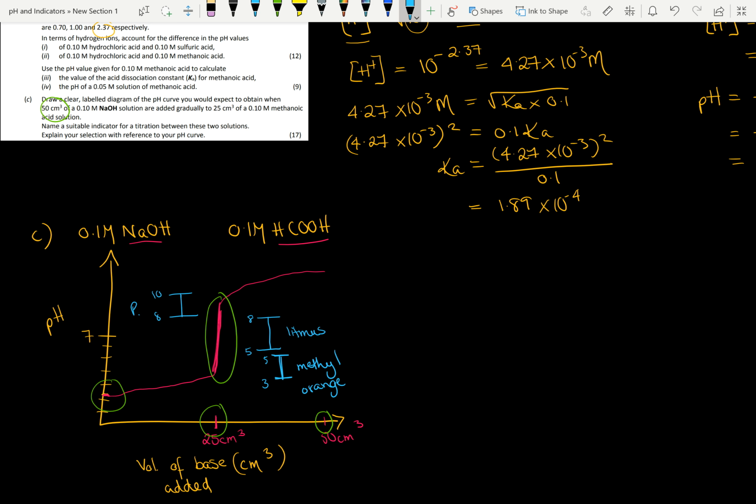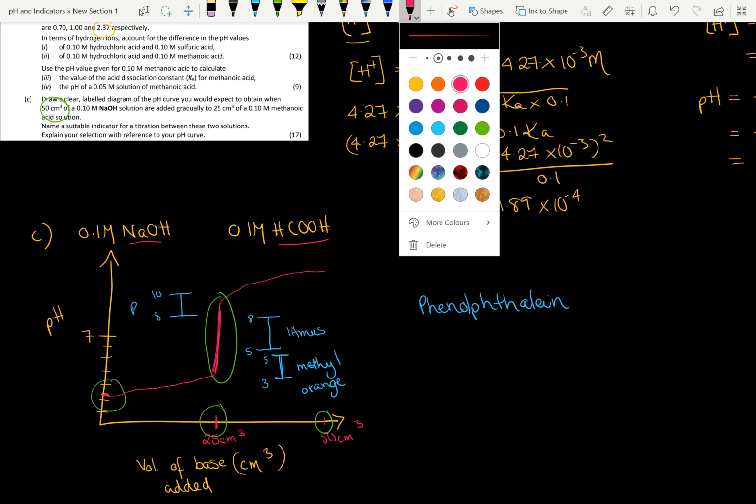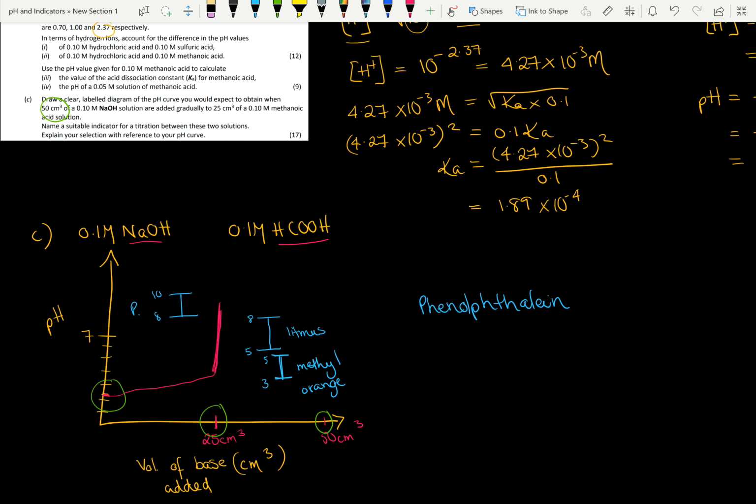So we want a color change that coincides with the majority of the steep part of our graph. And in this case, we would use phenolphthalein because we've got a weak acid and a strong base. So the majority of the steep part of my graph, and perhaps I should draw that a little bit steeper, needs to be above 7 when we have a weak acid and a strong base.